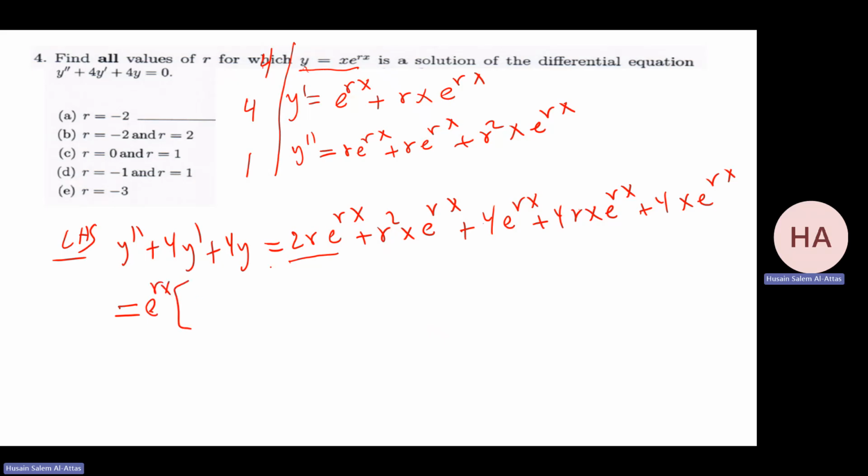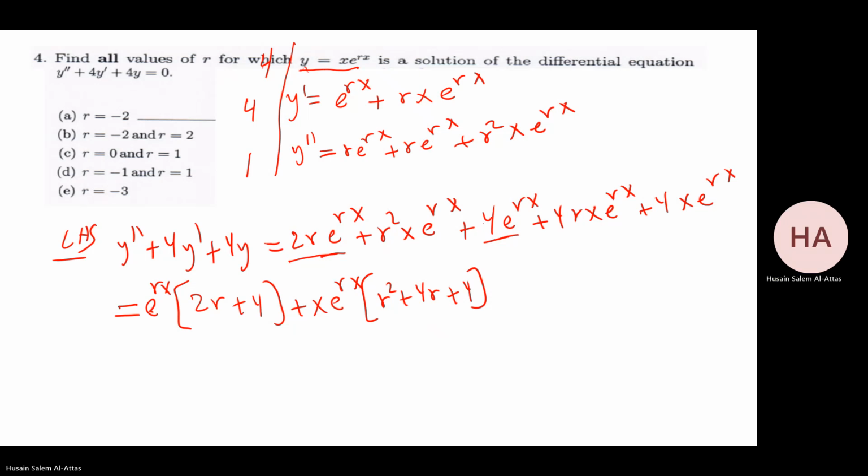The terms without x give 2r plus 4. And I also take x e to the power rx as a common factor, with the remaining r square plus 4r plus 4.